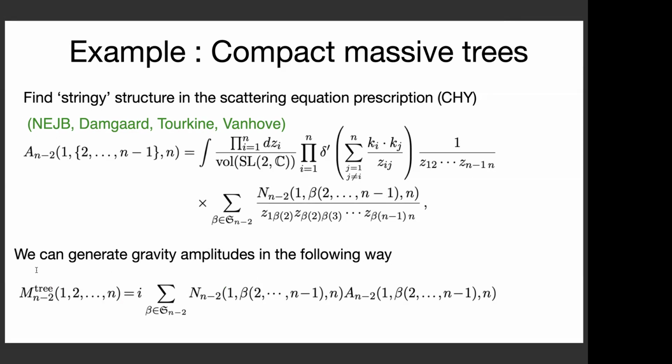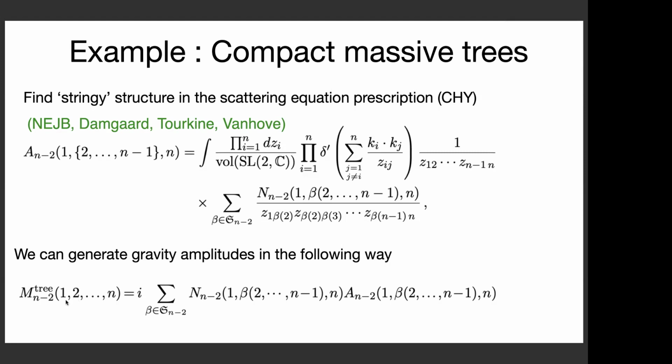And now we can generate gravity amplitudes in a very neat way. So on one side, we start with the Yang-Mills theory. If we were doing the normal Yang-Mills color amplitude, we take these partial amplitudes on the Yang-Mills side and multiply by a color factor to get the colored Yang-Mills amplitude.